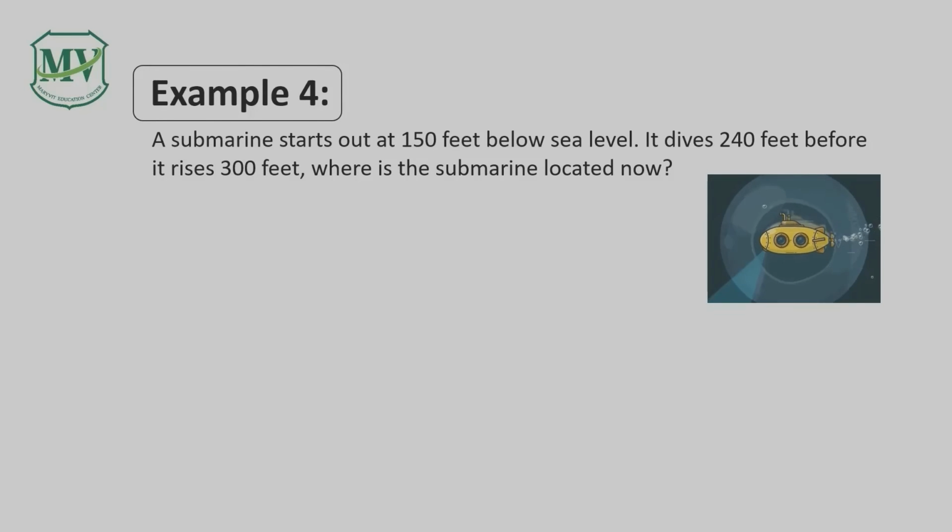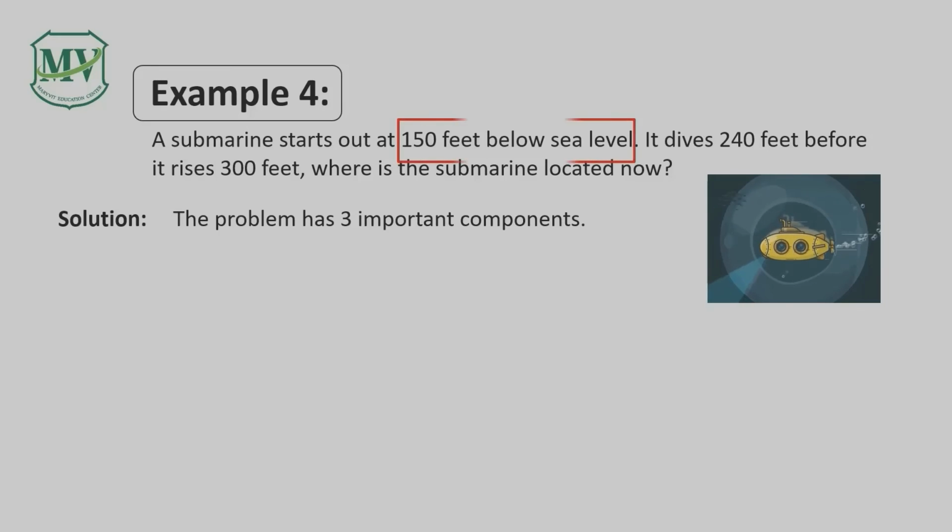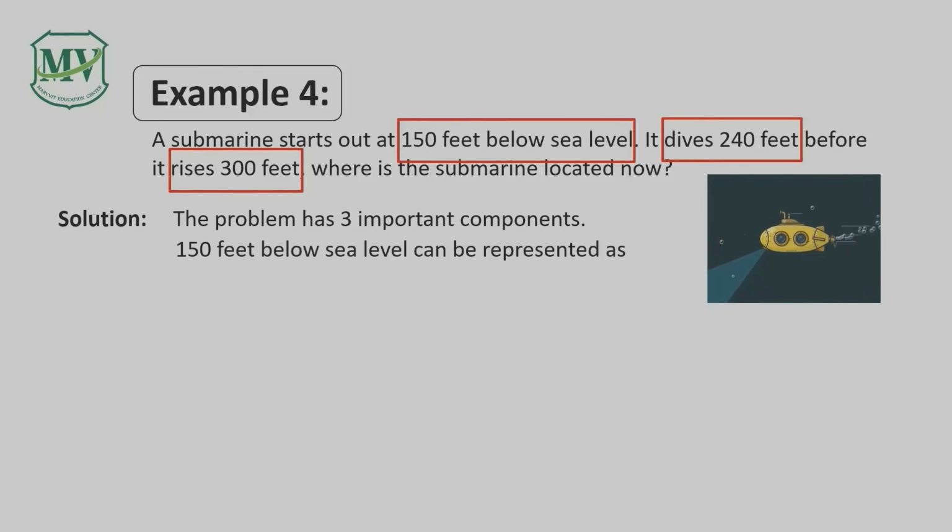Example number 4. A submarine starts out at 150 feet below sea level. It dives 240 feet before it rises 300 feet. Where is the submarine located now? The problem has 3 important components: 150 feet below sea level, dives 240 feet, and rises 300 feet. 150 feet below sea level can be represented as negative 150.